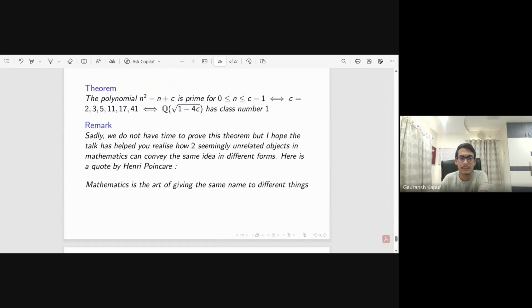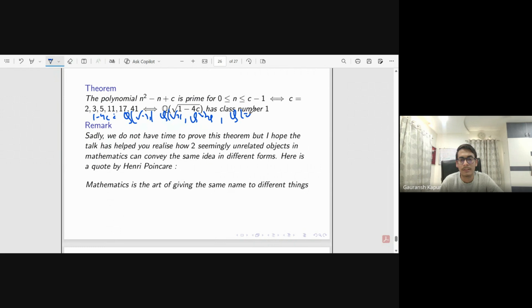And yeah, the numbers that actually occur here, 2, 3, 5, 7, and 17, 41. If you do 1 minus 4c, then you get Q root minus 7, Q root minus 11, Q root minus 19, Q root minus 67, Q root minus 163, and these are actually the number fields with class number 1.